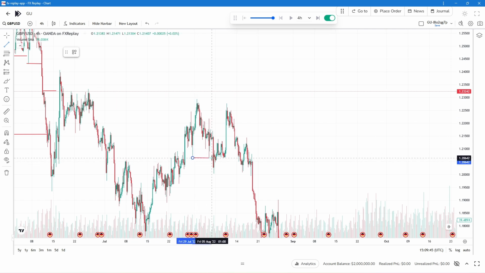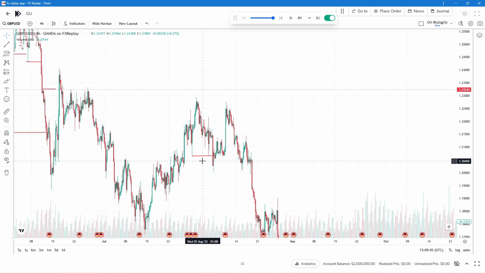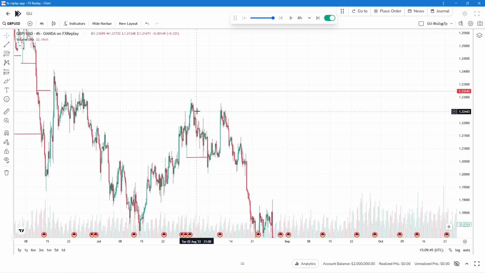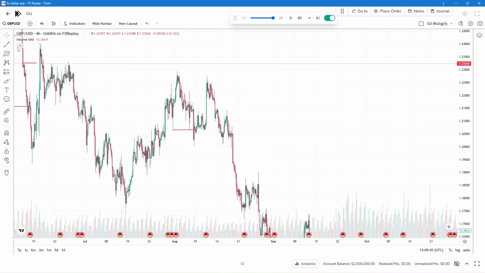So here we are again on the 4 hour, and we take this out, we take this out, and then we fill some imbalance, the last bit of imbalance in here. Honestly, it's the same stuff over and over again. Here, we take this out, we take this out, and then we just keep pushing down.